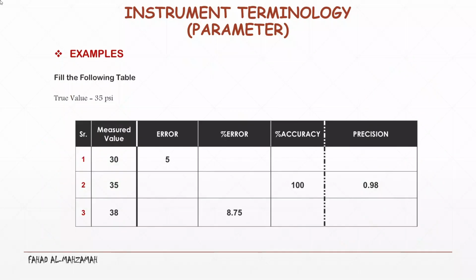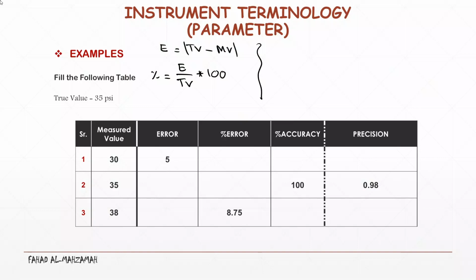Now, here's an example for the terms of error, percentage error, accuracy, and precision. So let me write the formula. Error is the true value minus the measured value, as an absolute value. Percentage error is error divided by true value times 100.